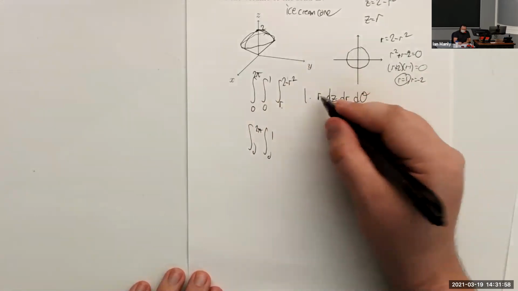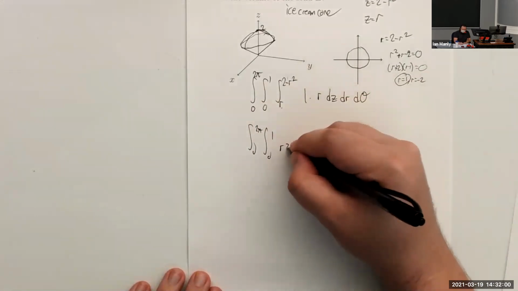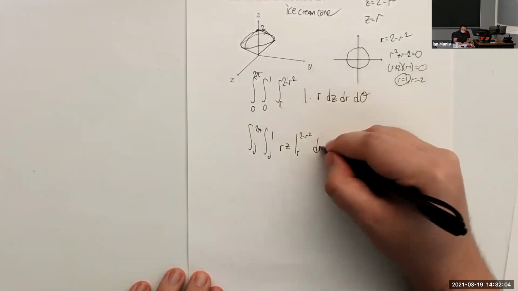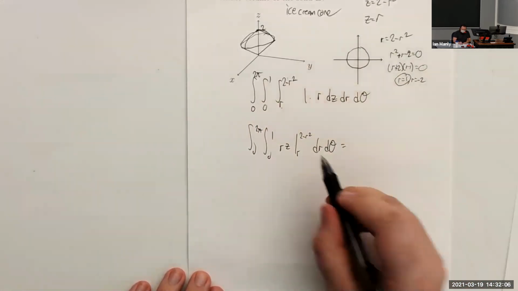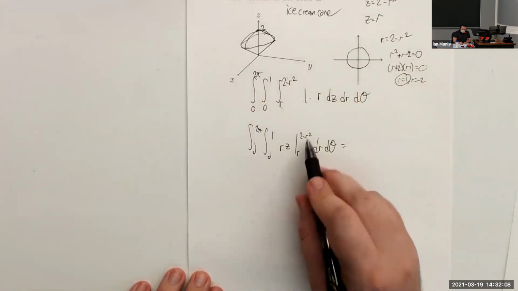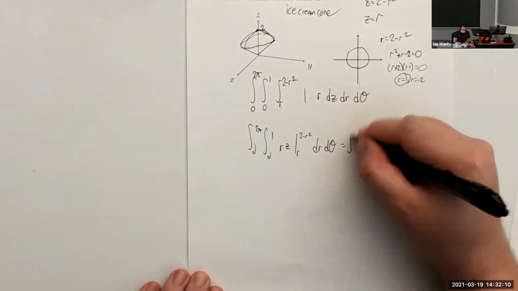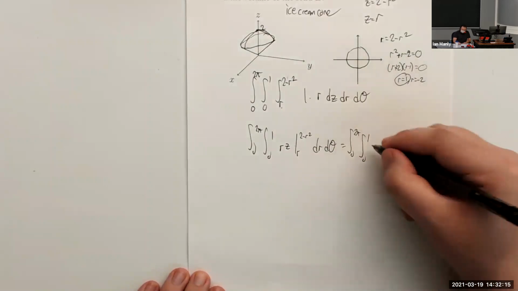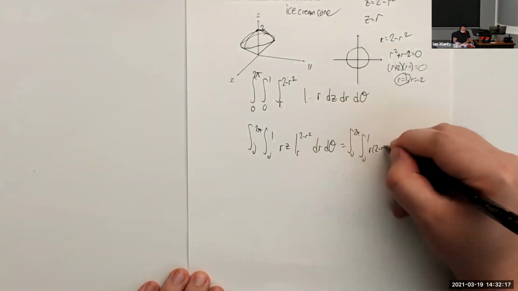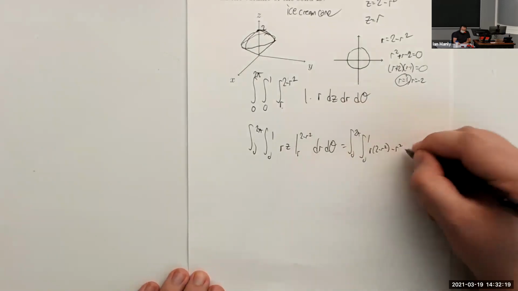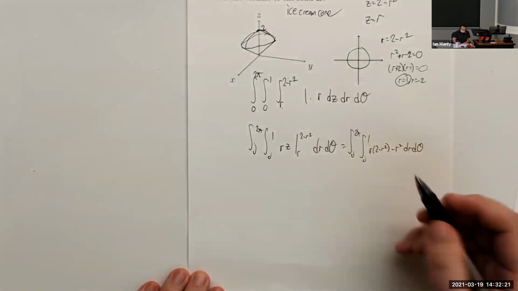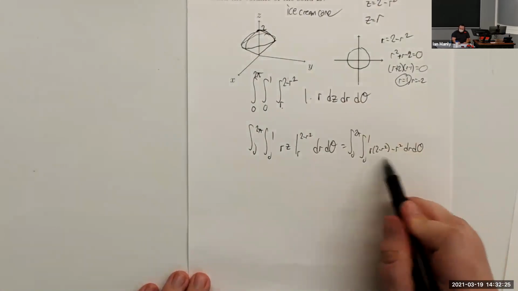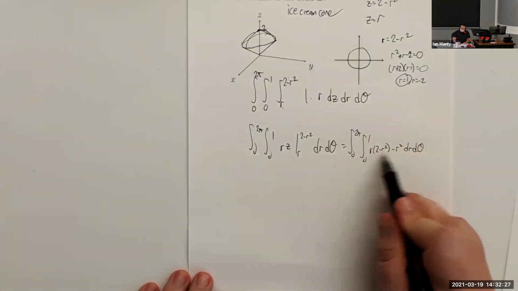So I integrate r with respect to z, and I get rz. Okay, and then I plug these in for z right here. I think it was Lauren that was talking about this. I'm assuming this is what you meant.